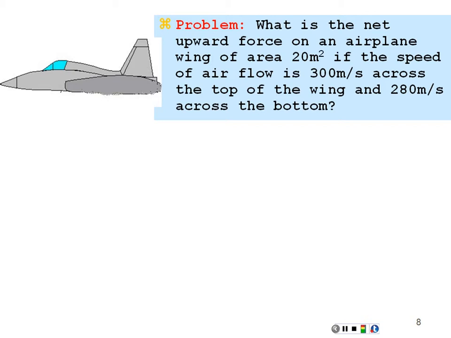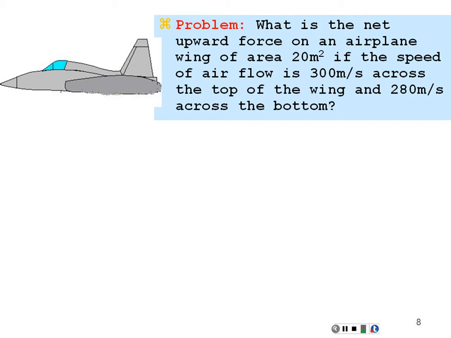So the flow that goes over the top of the wing will have to go more distance per time than the flow that goes on the bottom. In other words, the velocity on the top of the wing will have to be faster than the velocity on the bottom. But if absolute pressure plus kinetic energy plus potential energy is a constant, the faster you go, the more kinetic energy you have, so your absolute pressure will have to be less to compensate.